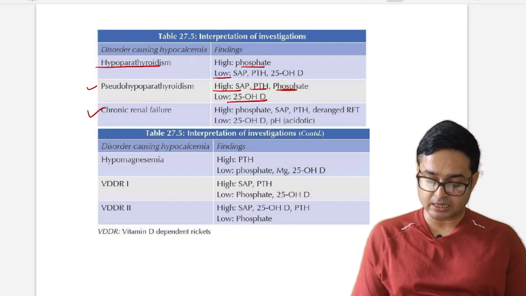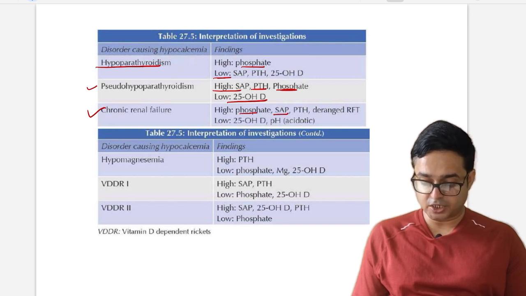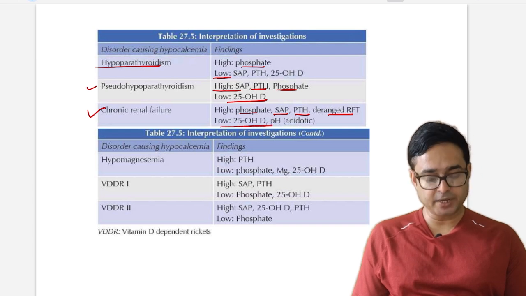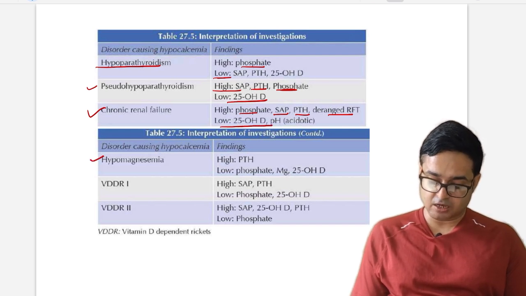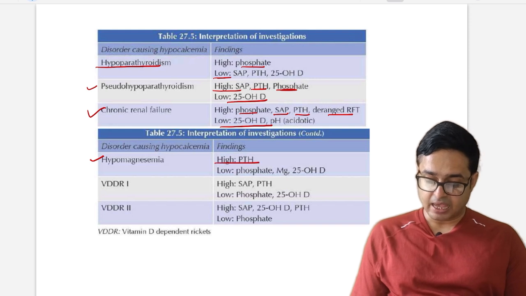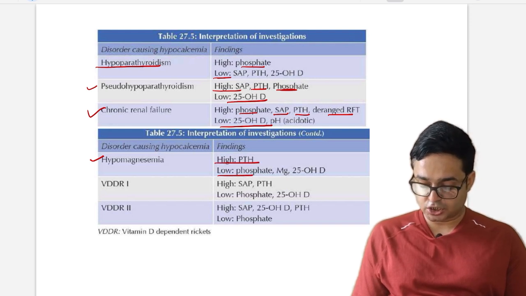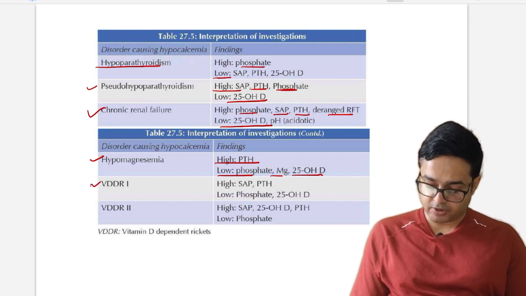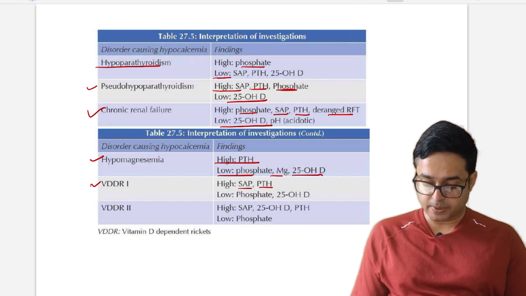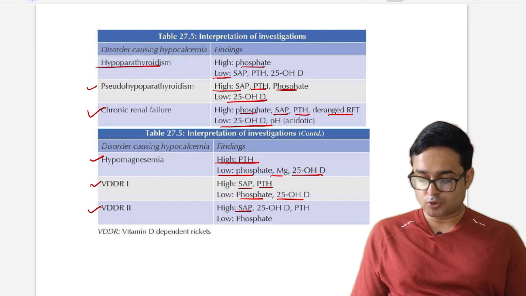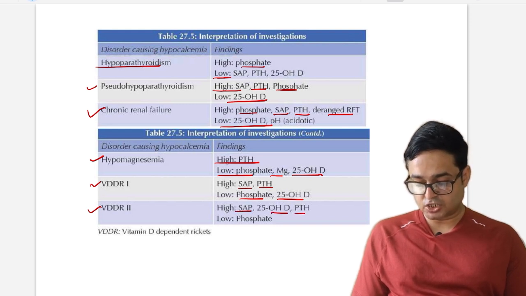Chronic renal failure: high phosphate, serum alkaline phosphatase will be high, PTH high, deranged RFT, low 25 hydroxy vitamin D and pH. Hypomagnesemia: PTH will be high and phosphate will be low, with low magnesium and 25 hydroxy vitamin D. Vitamin D dependent rickets type 1: serum alkaline phosphatase and PTH will be high, phosphate and vitamin D will be low, with high SAP, 25 hydroxy vitamin D, PTH and low phosphate.